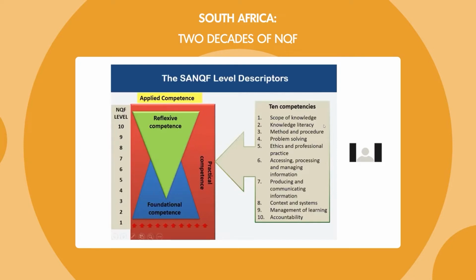So we've got scope of knowledge, knowledge literacy, method and procedure, problem solving, ethics and professional practice, accessing, processing and managing information, producing and communicating information, context and systems, management of learning and accountability. So those are the 10 competencies.